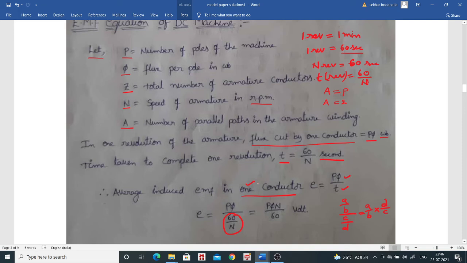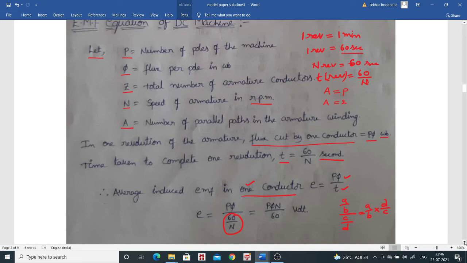But in the DC machine, there are Z number of conductors arranged in A parallel paths. So if you want to know the induced EMF in the armature, you have to multiply the induced EMF in one conductor with the total number of conductors arranged in A parallel paths.